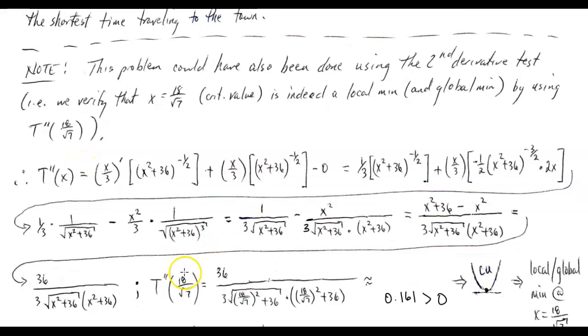But you see how I've gone through all that, taking the derivative, and then afterwards, we would plug our critical value into the second derivative, and we see that that result ended up being a positive value.